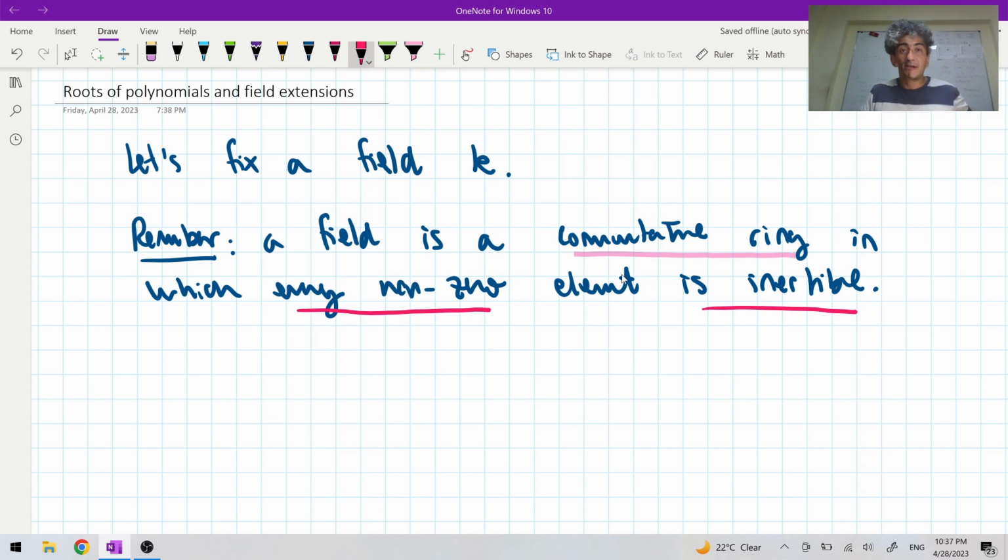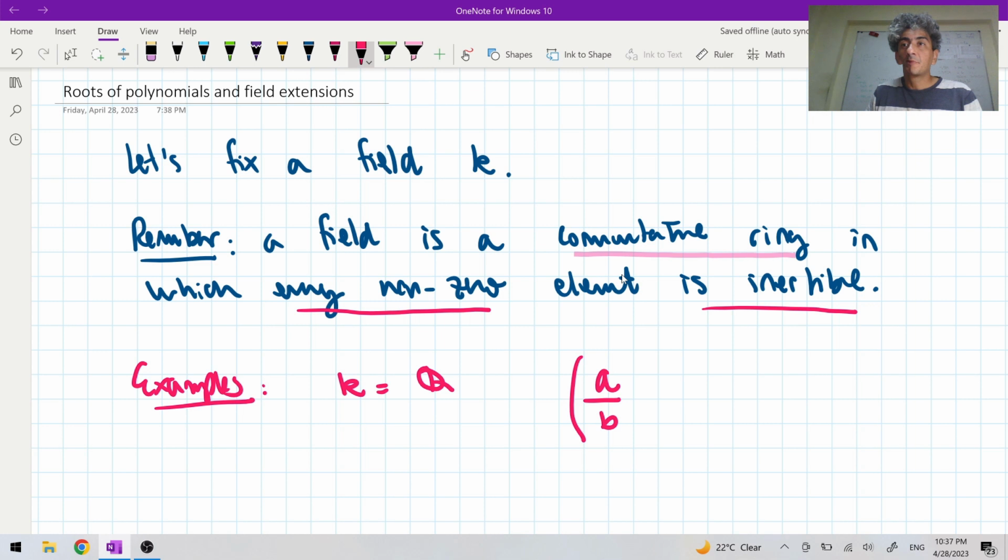Okay, so examples for us, the rational numbers. Rational numbers form a commutative ring because multiplication of rationals is commutative, and every non-zero fraction has an inverse. Say you take the fraction a over b, its inverse is simply b over a.